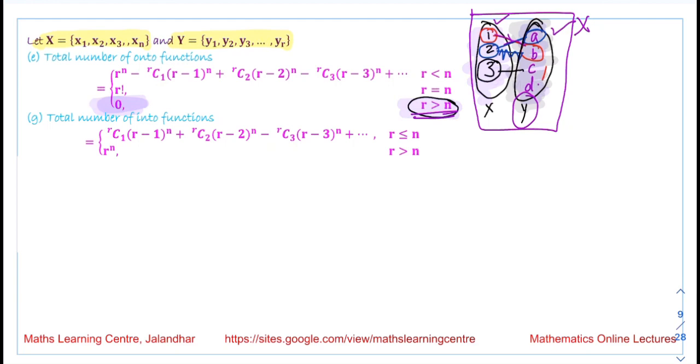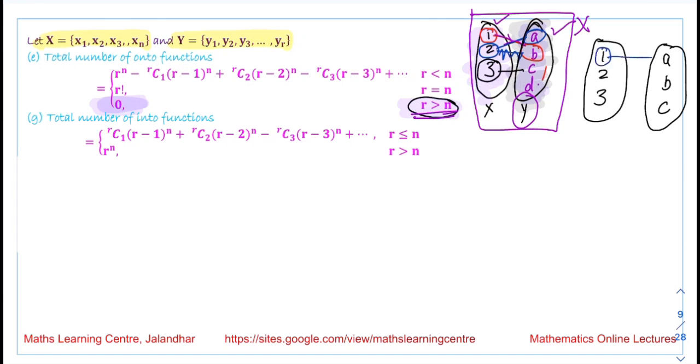And this is mentioned over here: if r is greater than n, then the number of onto functions is equal to 0. The second case we are talking about is when the number of elements in both the sets is equal. Suppose the elements over here are 1, 2, 3 and over here A, B and C. We are calculating the total number of functions that are onto.